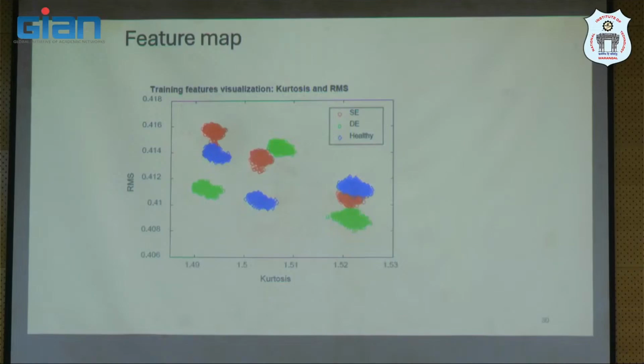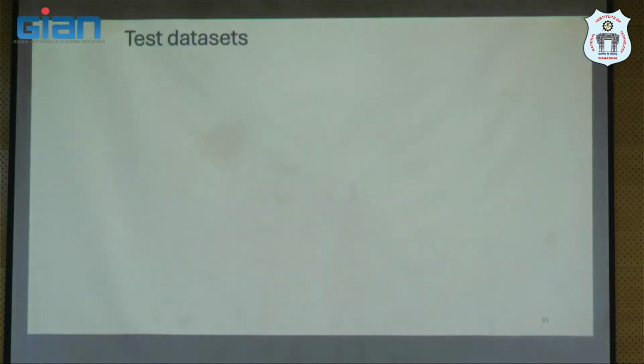Okay, then I have to do my testing. I chose healthy, 20% static, 40% static, 20% dynamic, 40% dynamic. These are the different operating conditions for which I collected data. I extracted features just like I did for the training data set, kurtosis and RMS, normalized with respect to zero mean.